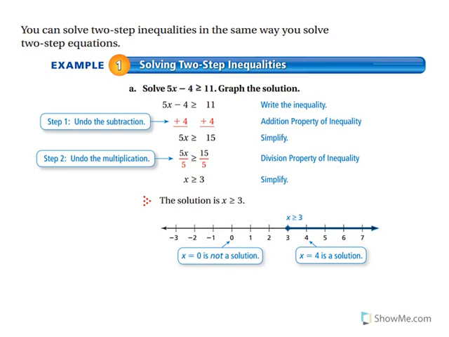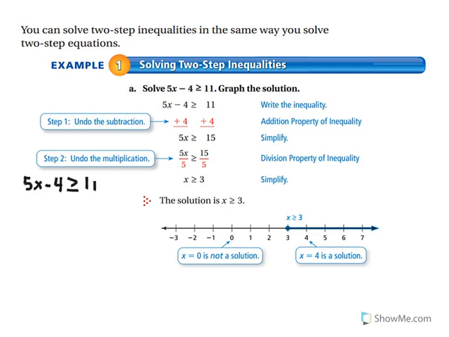Here in our first problem, it's an example problem, we have 5x minus 4 is greater than or equal to 11. So I'm going to rewrite this over here. Okay? And so let's go ahead and treat this like we would any other type of equation.